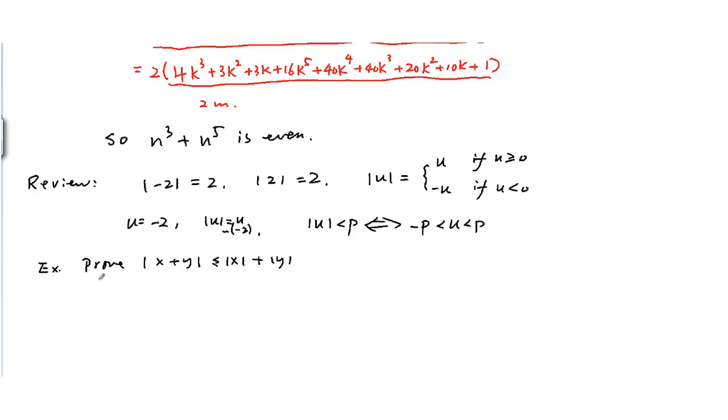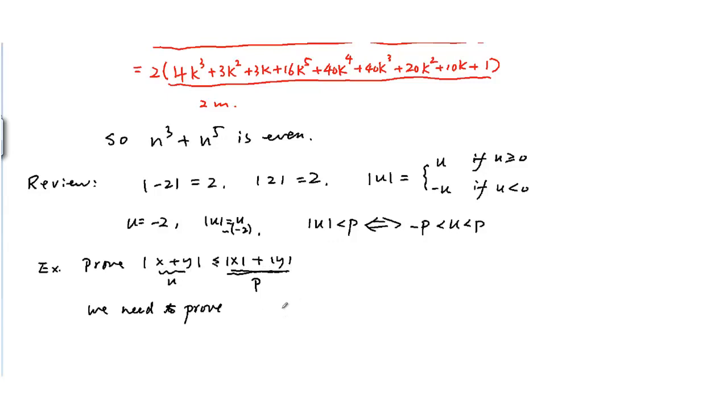So when we want to prove this one, this whole thing is like p, and x plus y is like u.